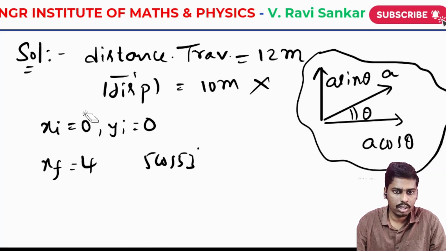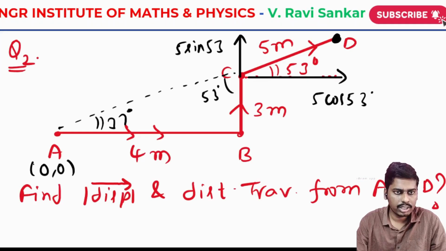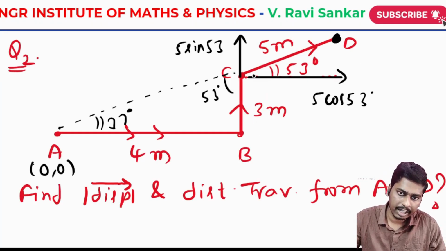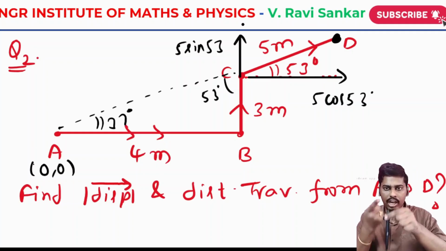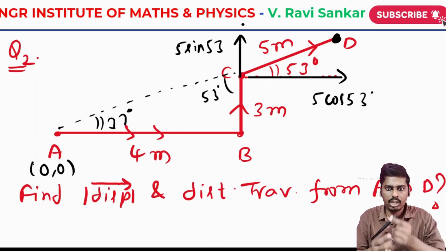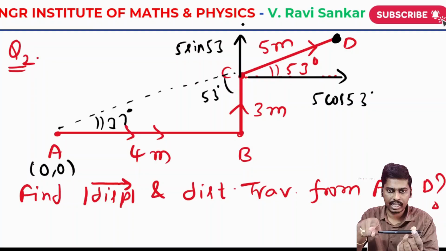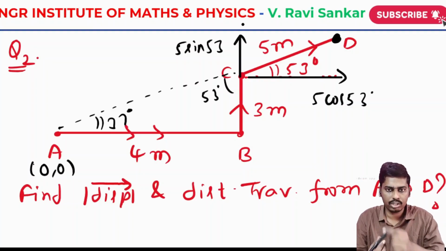Cos 53 is nothing but 3 by 5, which is sin 37. So x final will be 7. And y final is the height: we have already traveled along the x-axis, now we are traveling along the y-axis.